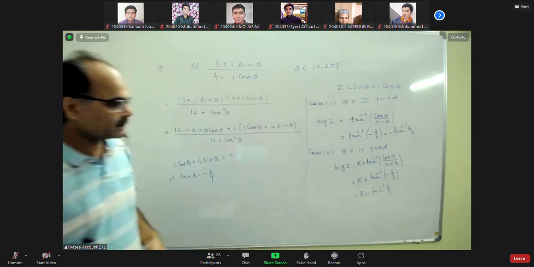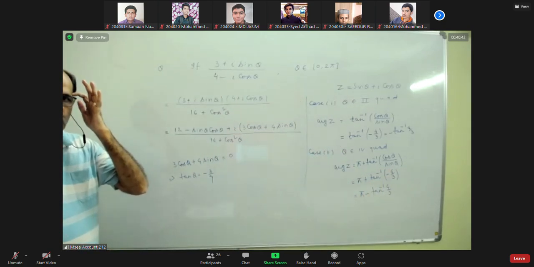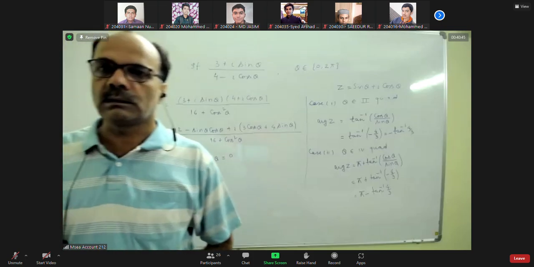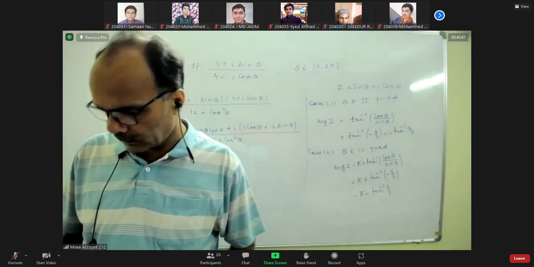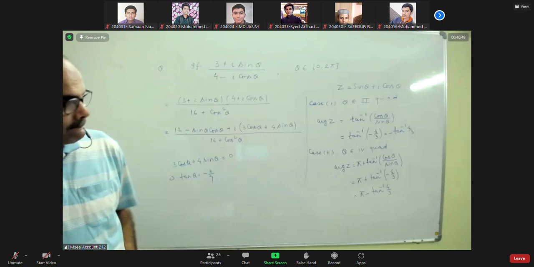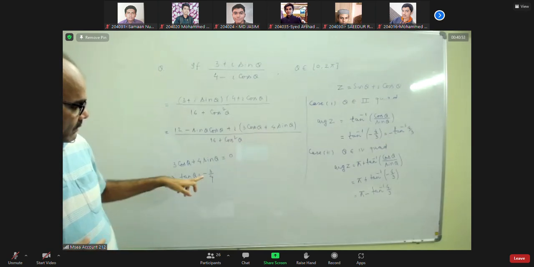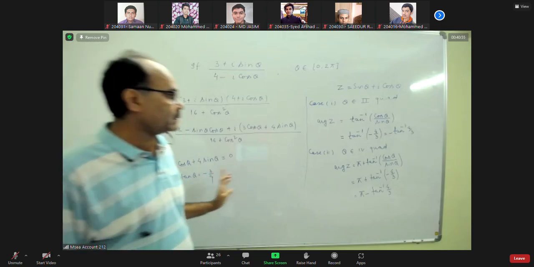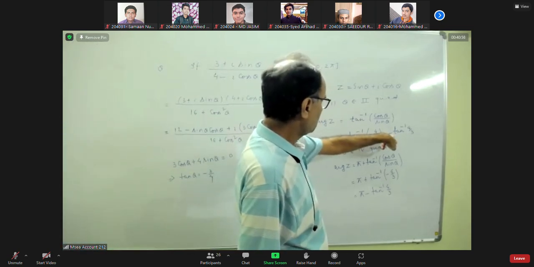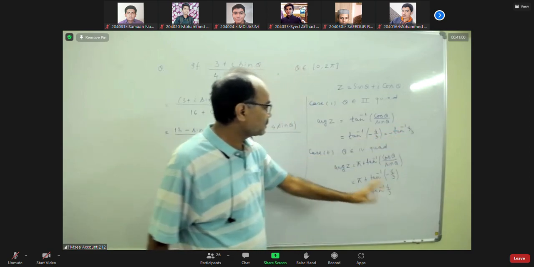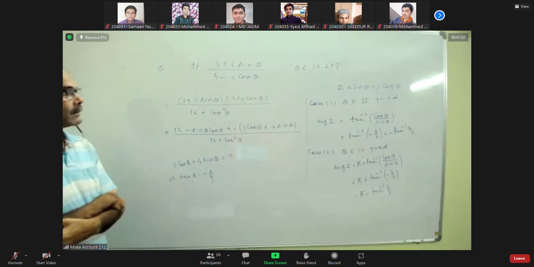Tan inverse minus x is minus tan inverse x. So with the help of the given information, this is also correct. This is also possible.